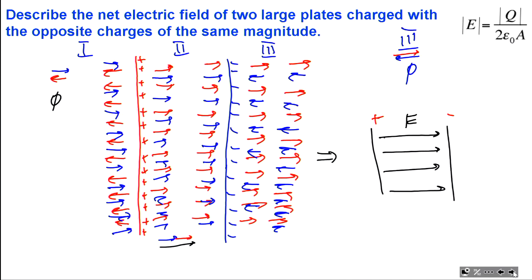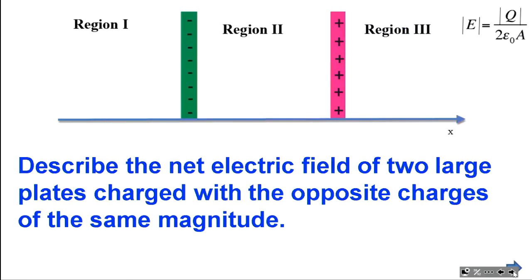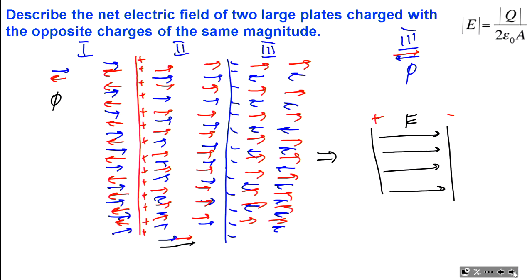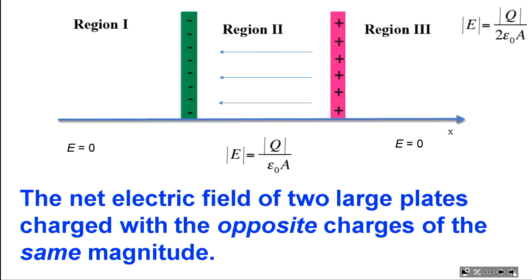And that's it. So we just have to take this expression and multiply by 2 to get the strength of the field between the plates.